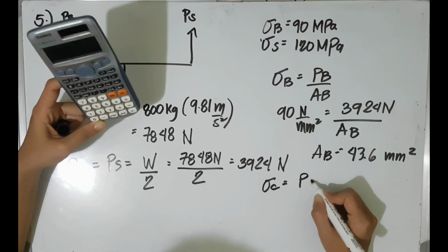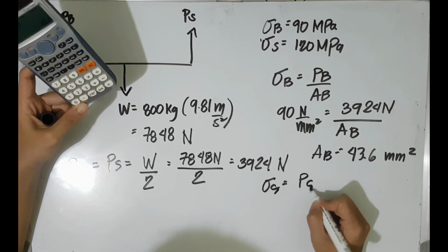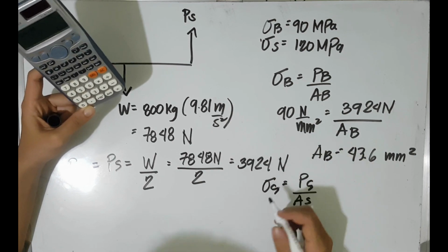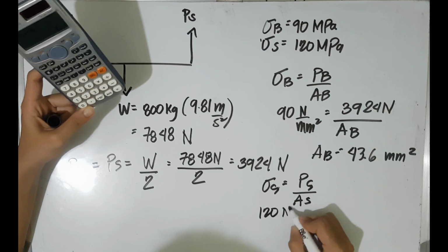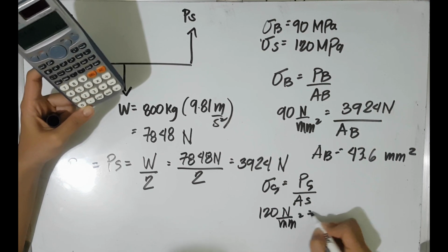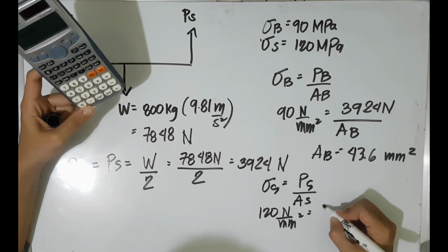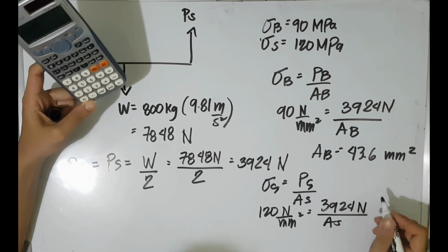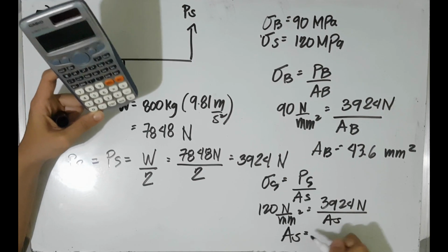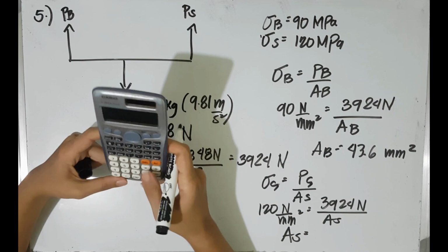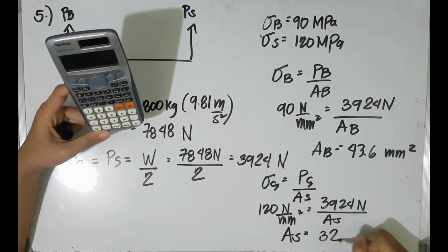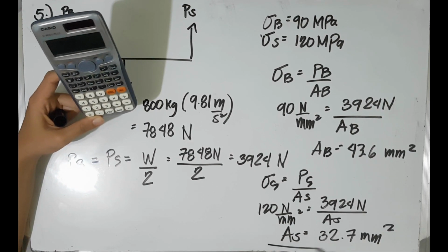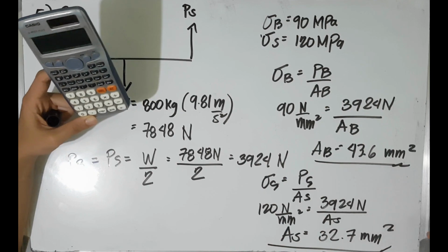And then for the steel, our stress at steel is 120 megapascal, and our force at the steel cable is 3,924 Newton. Therefore, the area of steel is equal to 32.7 square millimeter.